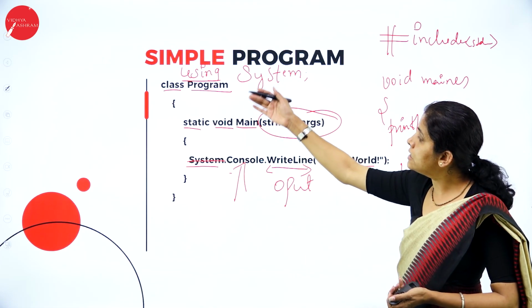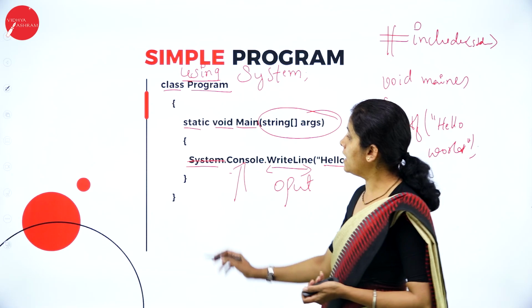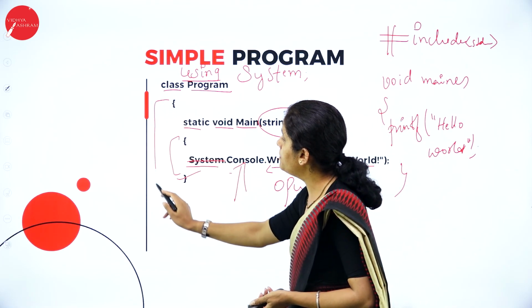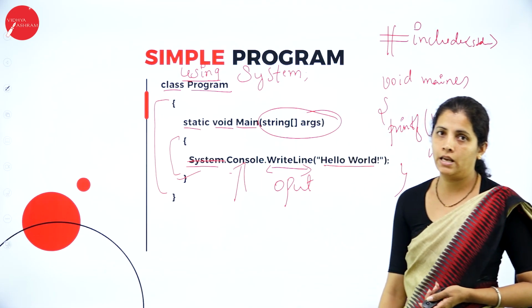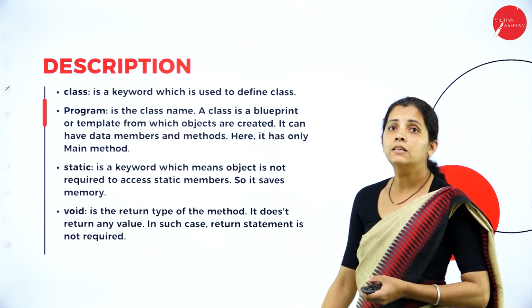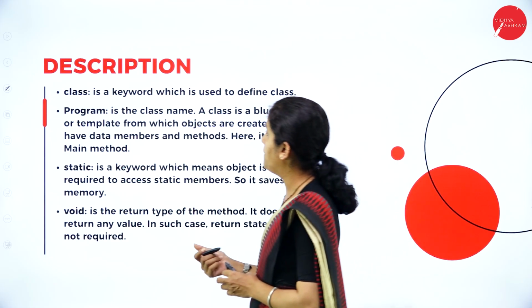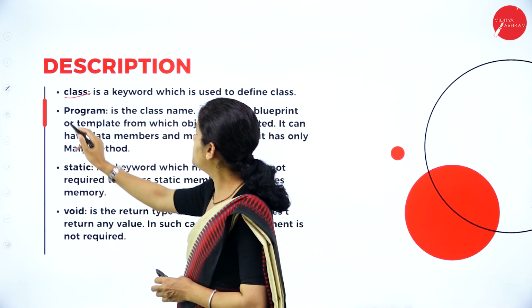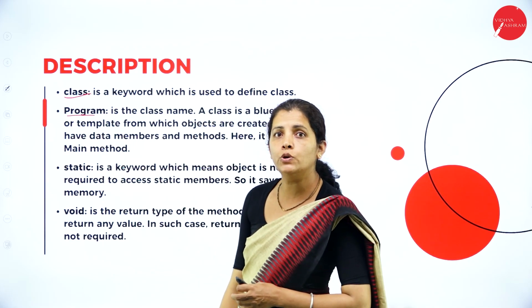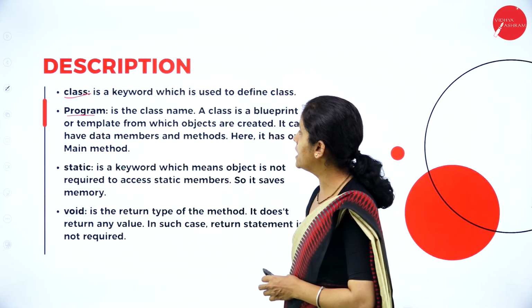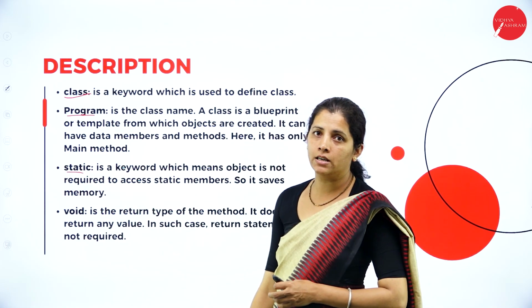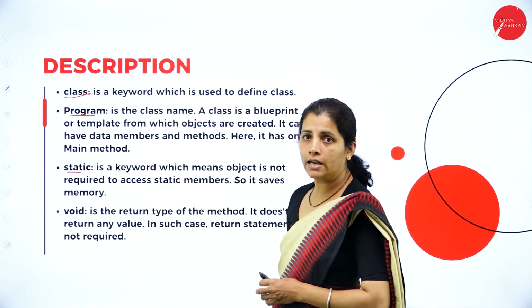So these are the simple programs. Then I have to close the curly bracket, then close the pairing curly bracket. Fine. See here, this is the description of the program. Class is nothing but a keyword. Program is the user-defined class name. Static is a keyword. Why am I using static?